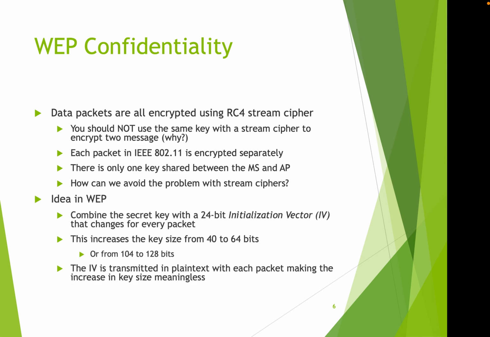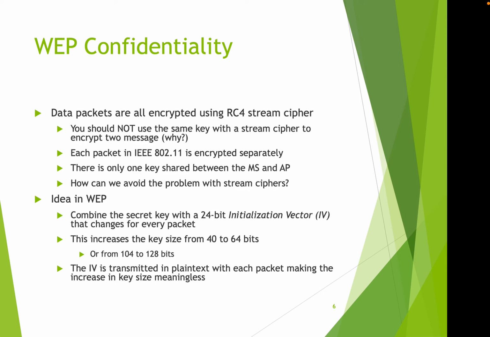So the idea in WEP is to combine the shared key with the 24-bit initialization vector, the IV. That changes for every packet. But this 24-bit initialization vector is just way too short. Okay, so it's another mistake.